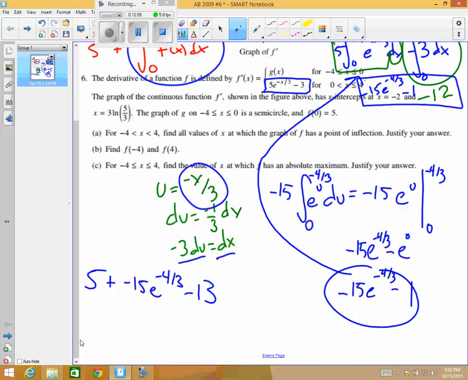Warning, abort. There's a slight mistake I made. Hopefully you caught it. Going way back to this guy, I plugged in my negative 4/3, I plugged in my 0, and I forgot to write a minus 15 in front.